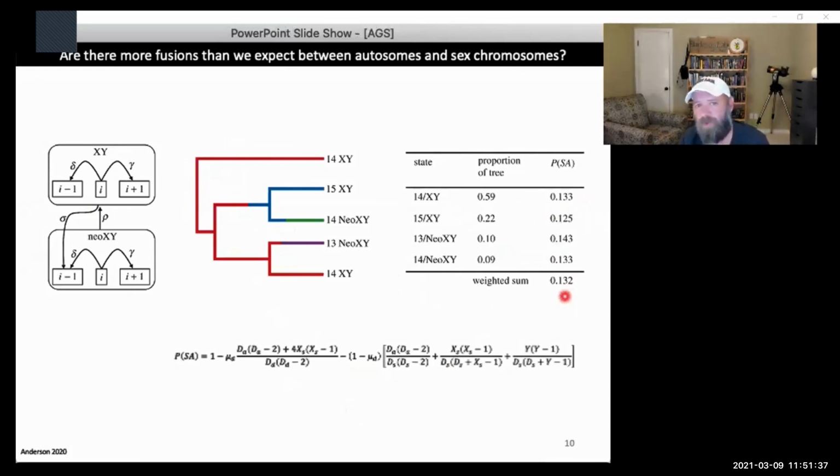And this is assuming that all fusions happen with equal likelihood. And so what we're going to be looking for is whether or not we see an excess. If these sex chromosome autosome fusions are favored, they should occur at a higher frequency than this expectation under our null model.